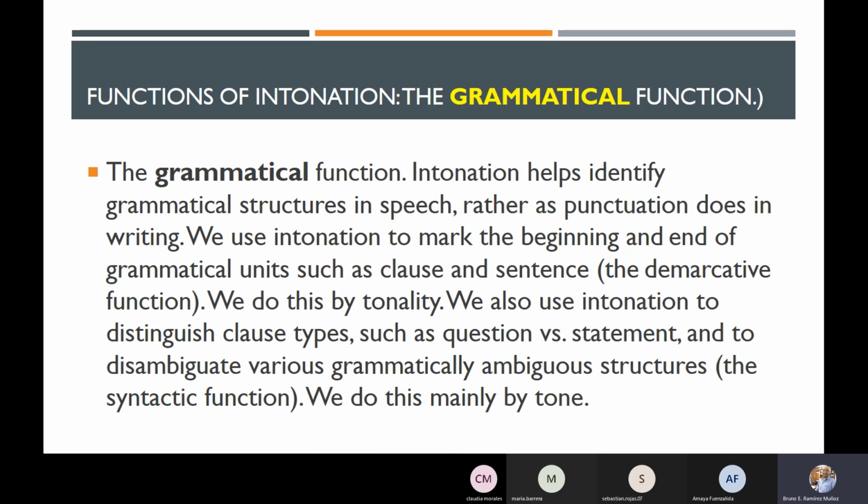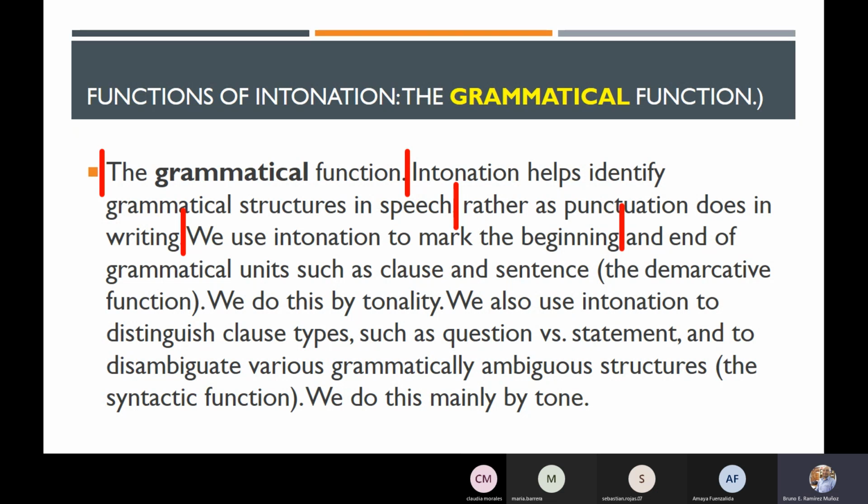The other function is called the grammatical function. Intonation helps identify grammatical structures in speech, rather as punctuation does in writing.